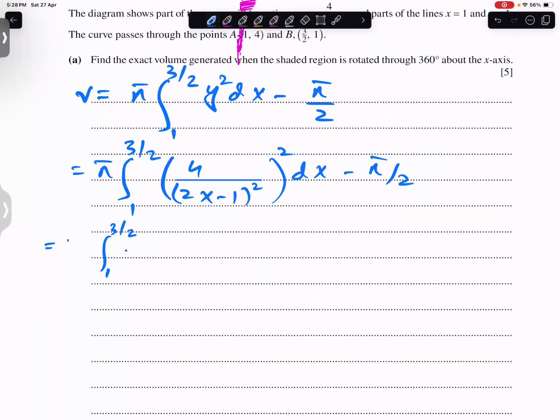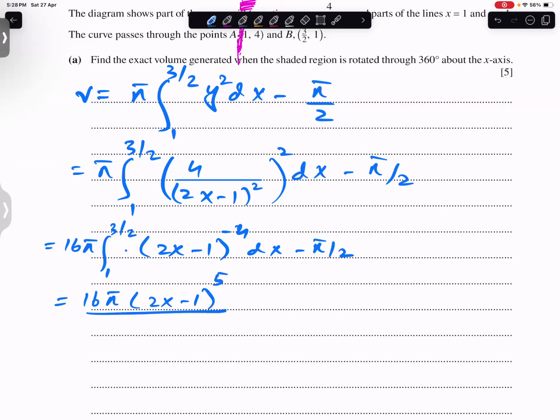by taking its square, 16 pi, and then (2x minus 1) whole power minus 4, multiplied with 2, and then 16 pi (2x minus 1) power 5 whole divided by 5 times the derivative of inside, which is 2, from 1 to 3/2 minus pi by 2.